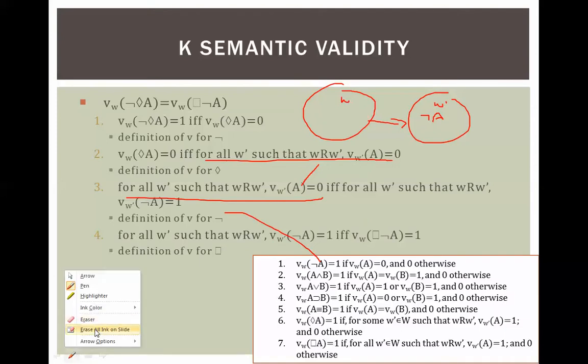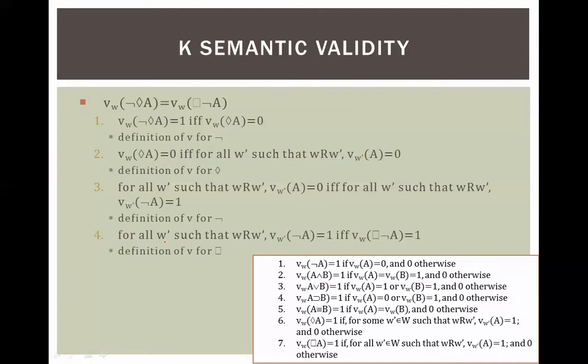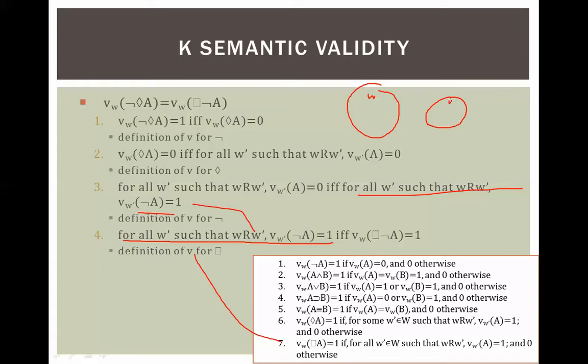So for all W prime such that W is related to W prime, the truth value at W prime of not A equals 1, that's this right here, if and only if the truth value at W of necessarily not A equals 1. And that is this right here. So again, let's say we have W and W prime, and the truth value of A is 0 at W prime, so the truth value of not A is 1 at W prime.